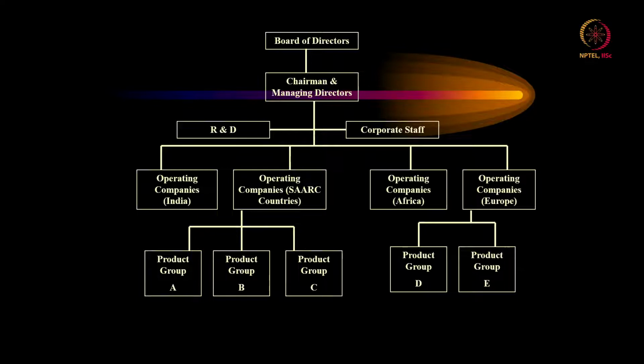Then when you look at SARC, you may be having product groups A, B and C. When you look at corporate staff, you may be operating companies in Africa, or in Europe, or with respect to product group D and product group E. All this makes you think that this organization is a highly decentralized one.